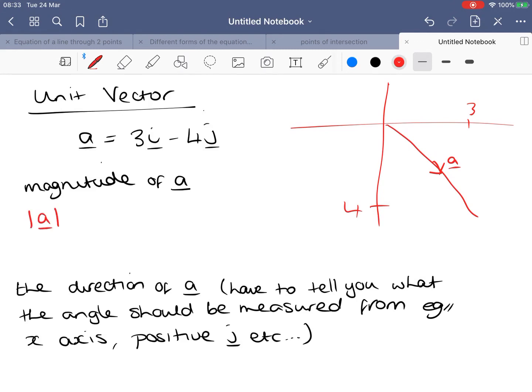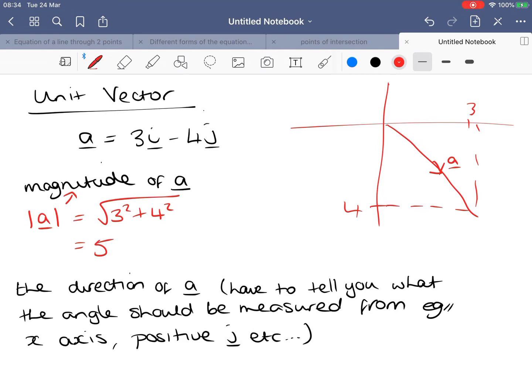They can do that by saying find A with 2 lines either side of the letter, and that just means the magnitude of A. And as we've done before, we know we can use Pythagoras, and so the magnitude of A is simply the square root of 3 squared plus 4 squared, classic 3, 4, 5 triangle, so it's got a length or a magnitude of 5.